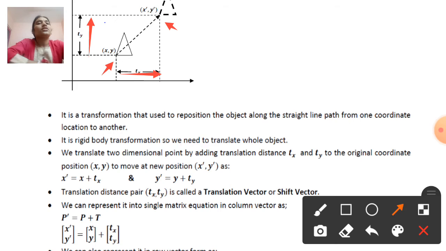So the object in the original position is x, y, and we move it to the destination location x dash, y dash. Here we find x dash and y dash. X dash is x plus tx and y dash is y plus ty. That means the x position plus its distance and the y position plus its distance.